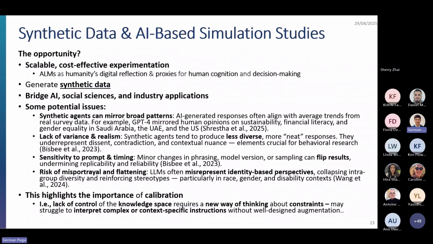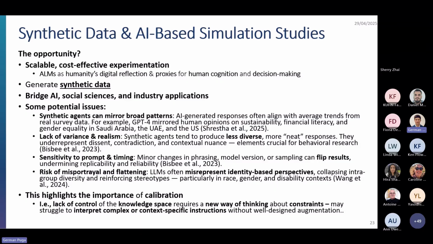So maybe they have picked up some sort of digital reflection or proxies for human cognition, decision making. So cool, let's use that to generate synthetic data. It's scalable, it's cost-effective experimentation, and you're bridging a couple of different domains, maybe social sciences, industry applications with AI.